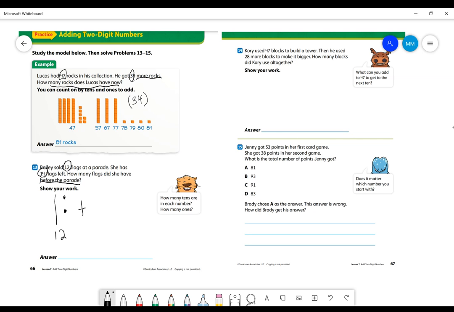So that means that we are combining how many she sold and how many she had left to find how many she had at the beginning. So she had 12 plus 14. And 14, how many tens do I have? I have 1 ten. And how many ones? 4 ones.